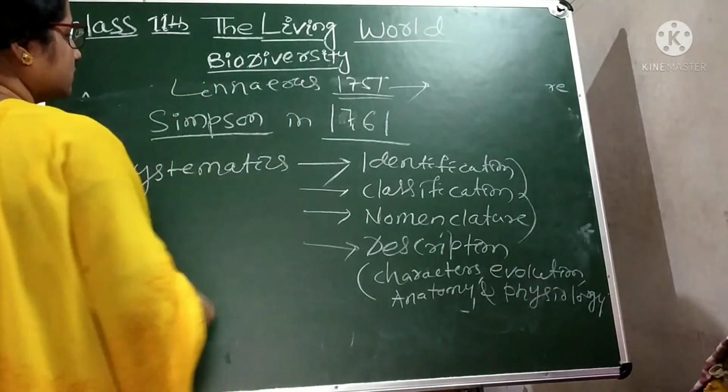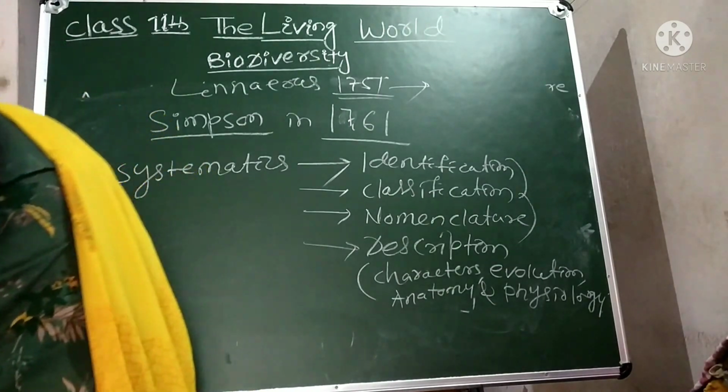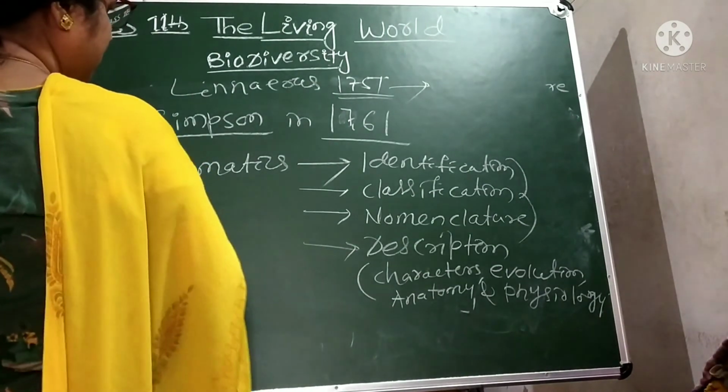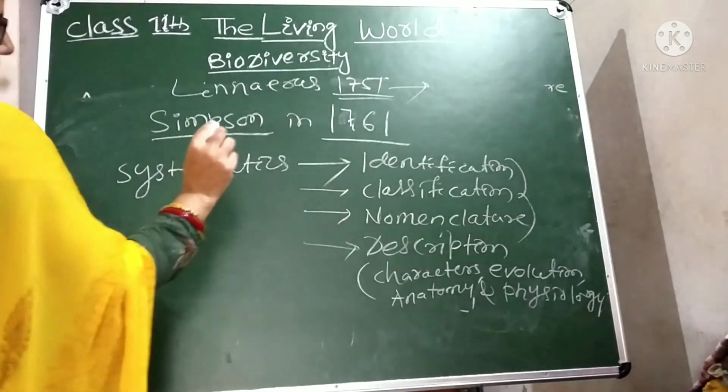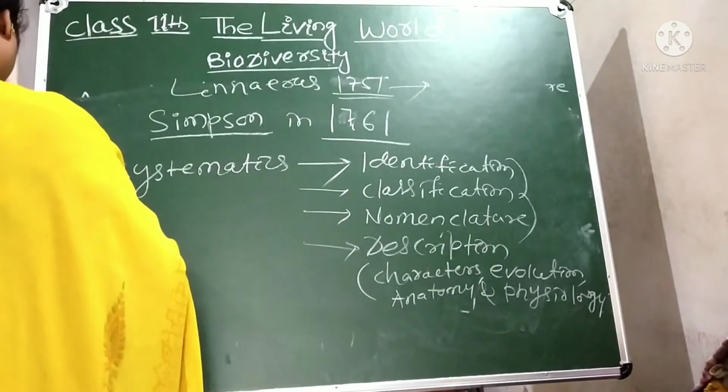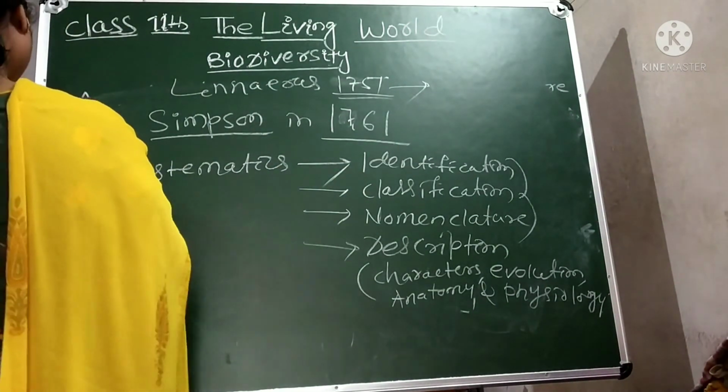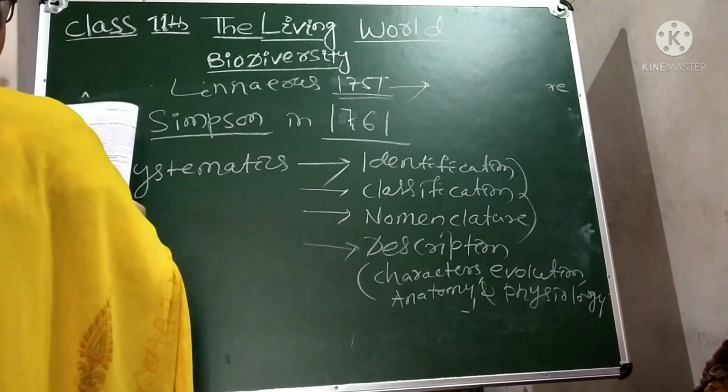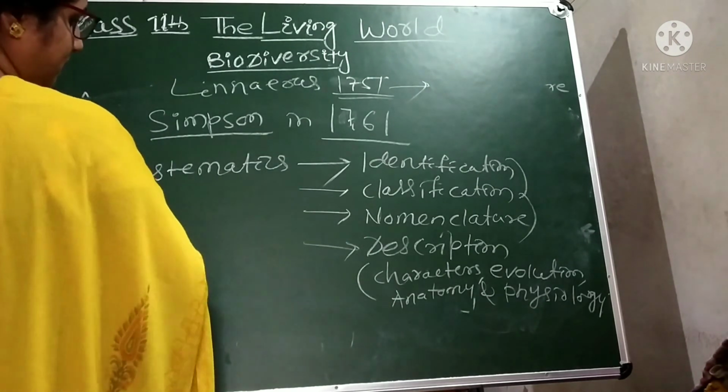But Simpson said that systematics is of identification, classification, nomenclature, and description.